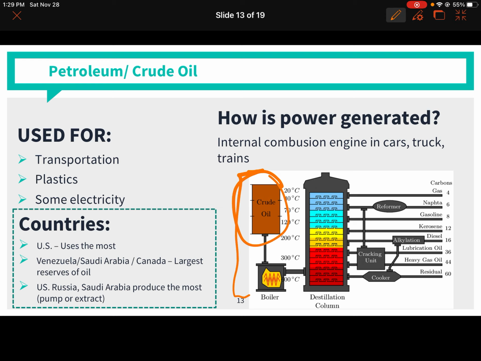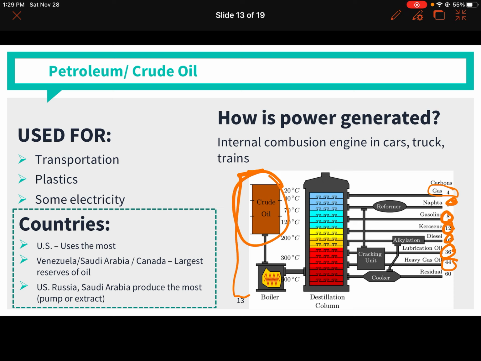And this gives us the different types of crude oil products. So up here you can see that gas is a 4-carbon molecule. We've got heavy gas oil, which is 44, lubrication oil, kerosene, diesel, naphtha, gasoline, based and split apart by their densities and temperatures.